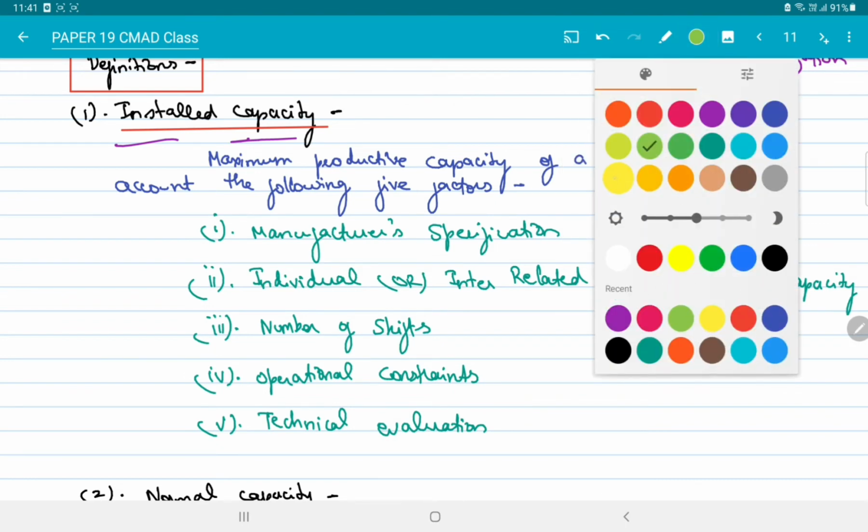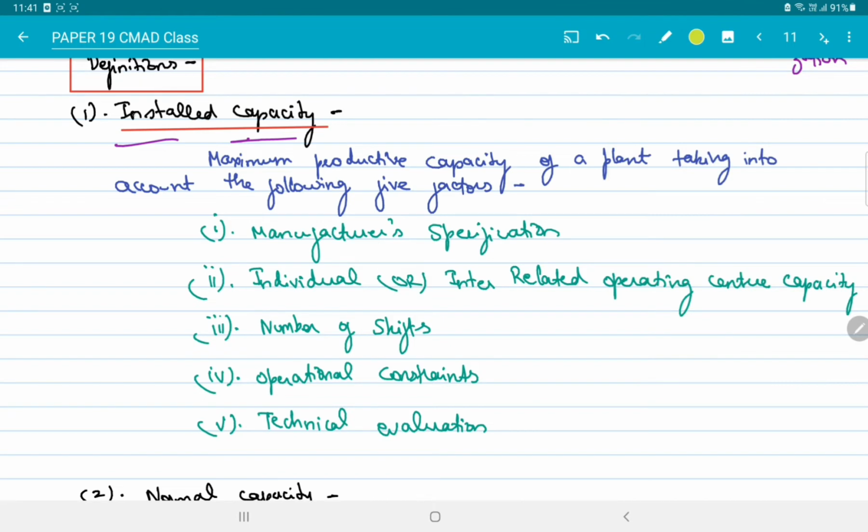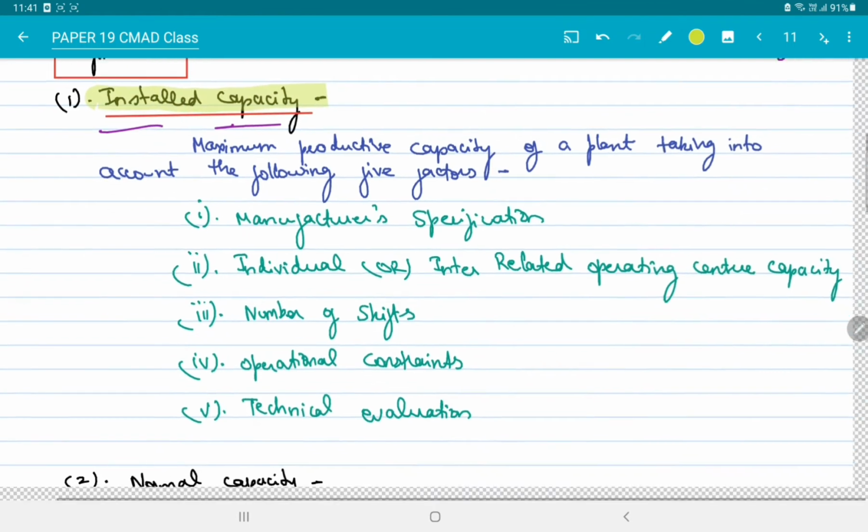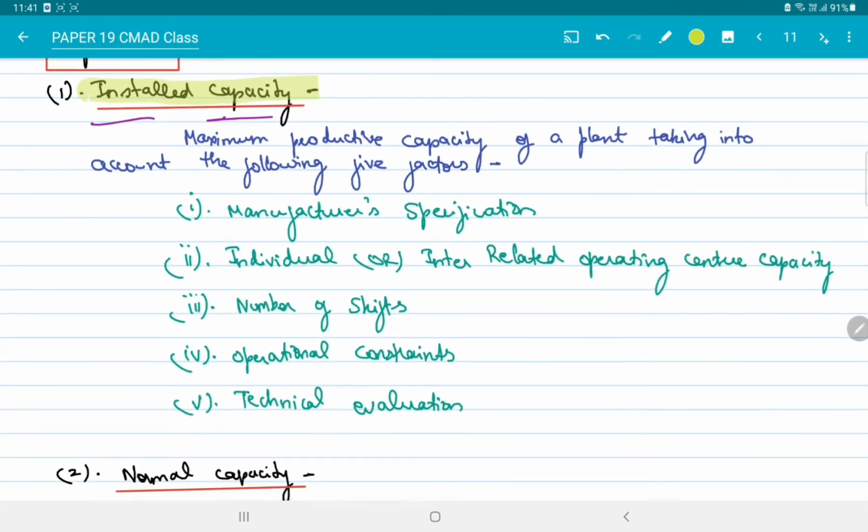Installed capacity is the maximum productive capacity of a plant, taking into consideration the following 5 factors.